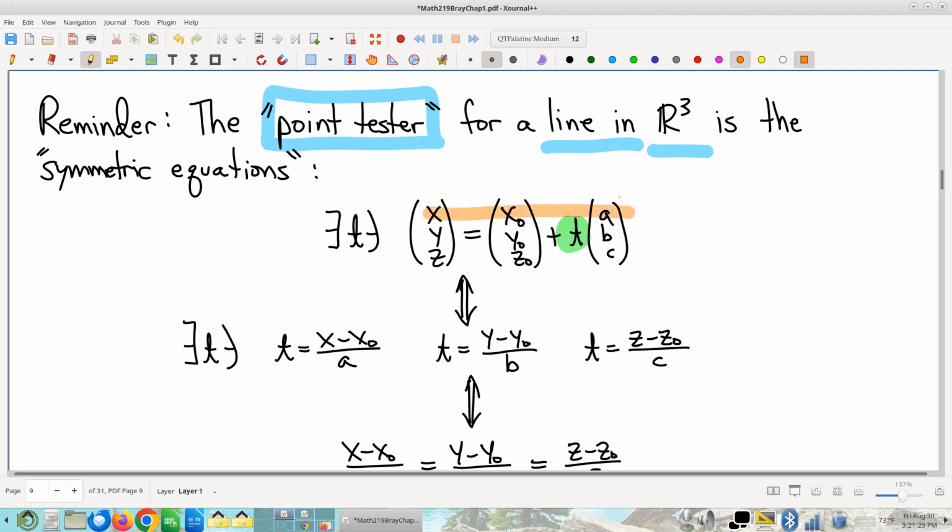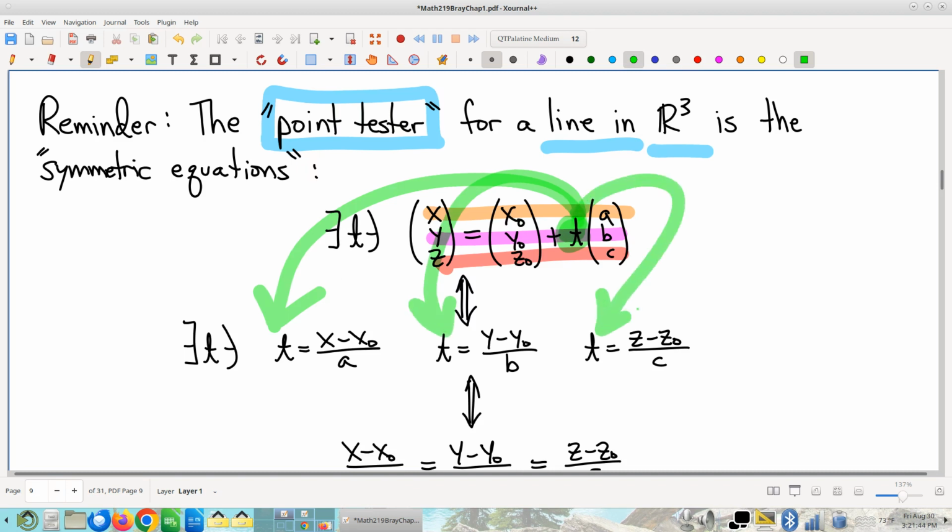There's the first equation, the second equation, and the third equation, and you can just solve for t in all three of those equations. When you solve for t in those three equations, you get these three formulas.